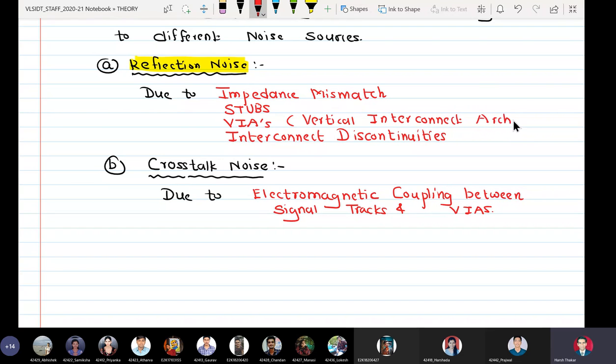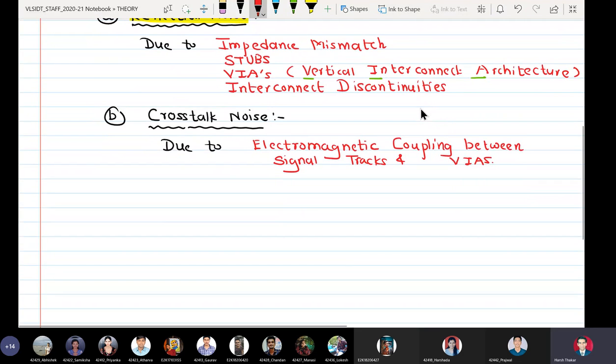Interconnects usually connect components existing on the same layer, and a via is used for connecting two components which are existing on two different layers. So it's VIA.